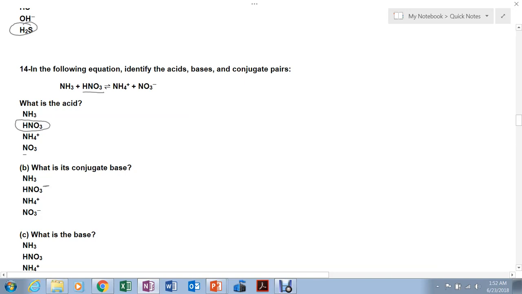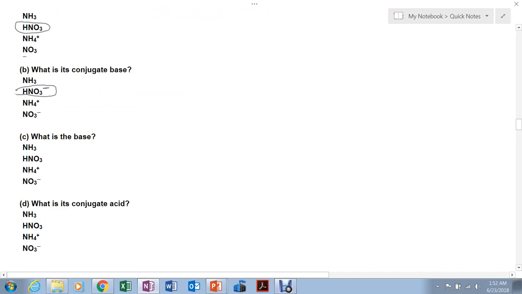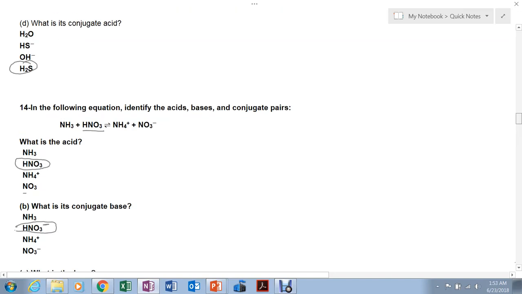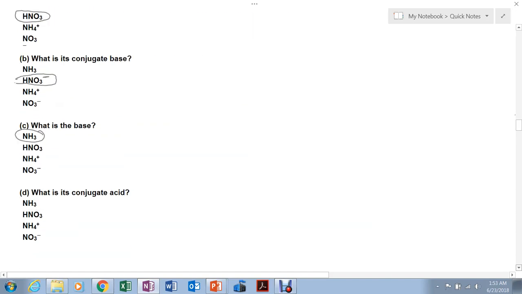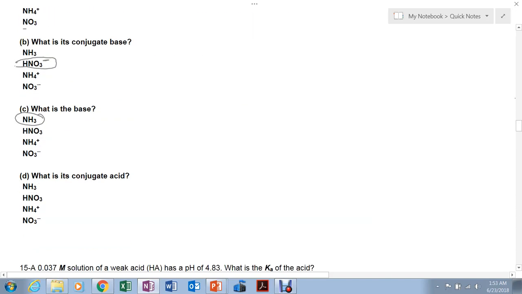It's missing here. What is the base? In this case, the ammonia. And the conjugate acid of ammonia is one hydrogen more and a positive charge. So it's ammonium, the conjugate acid of a weak base, which is ammonia.